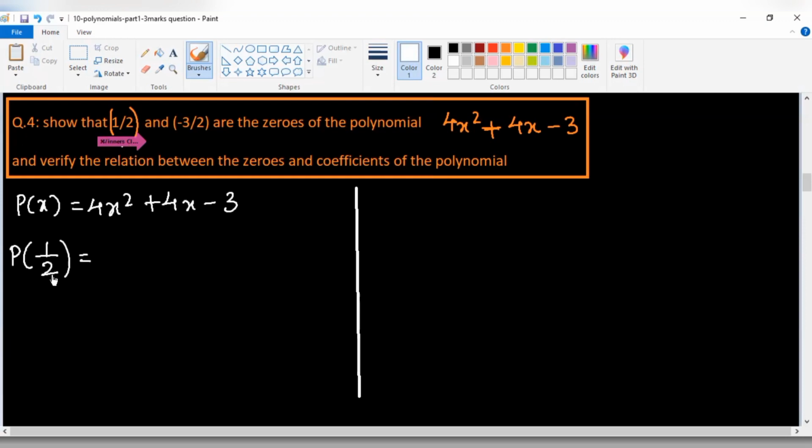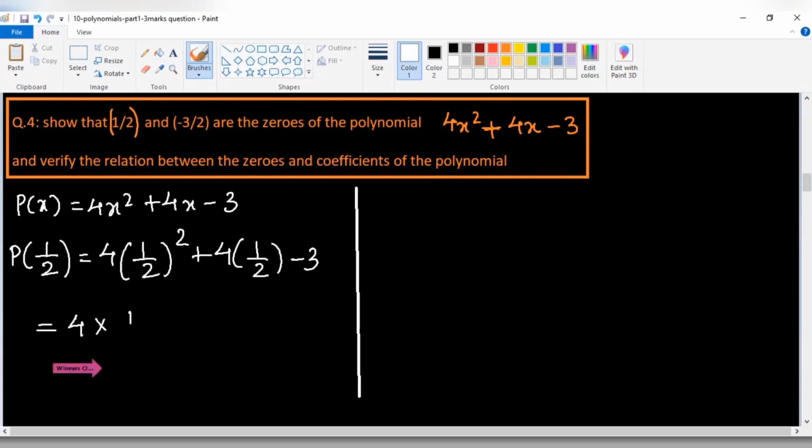To get the value, we have to substitute 1 by 2 in place of x. So 4 into 1 by 2 square plus 4 into 1 by 2 minus 3. Let us check the value: 1 by 2 the whole square is 1 by 2 into 1 by 2, that is 1 by 4. So it is 4 into 1 by 4 plus 4 into 1 by 2 minus 3.